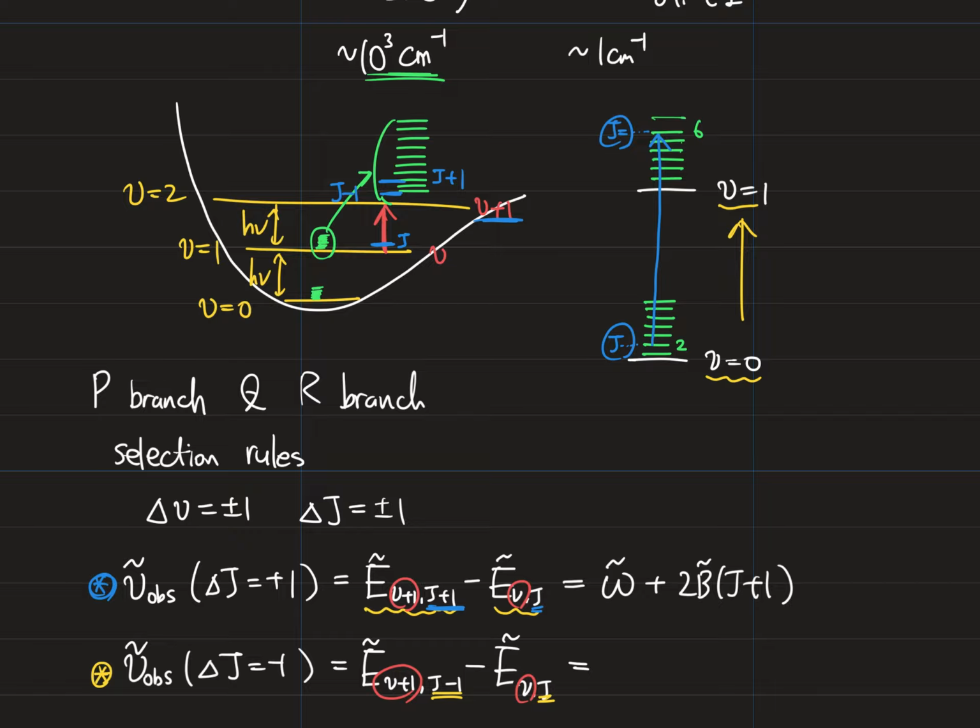If I want to be more precise, the energy of the J levels should increase, something like this.